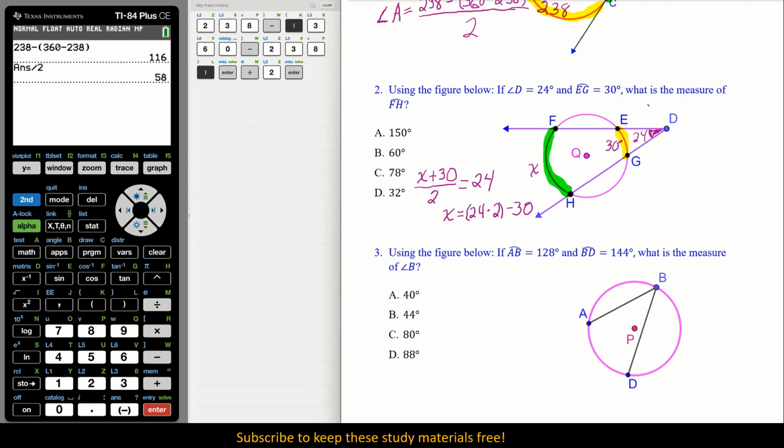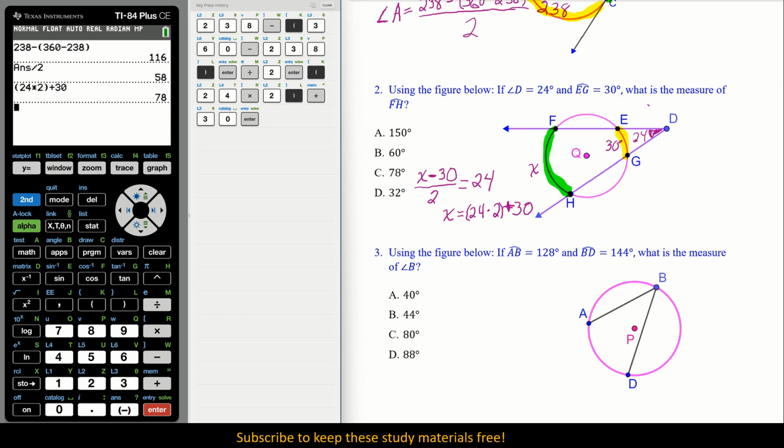Oh, I've made a mistake. I am so sorry. We are subtracting. It's x minus 30, just like we did before, but our arcs are smaller. So this means I'll be adding 30 here. Big difference. Parentheses, 24 times 2, close our parentheses, and we add the 30, and that will equal 78. And that is what we're looking for.